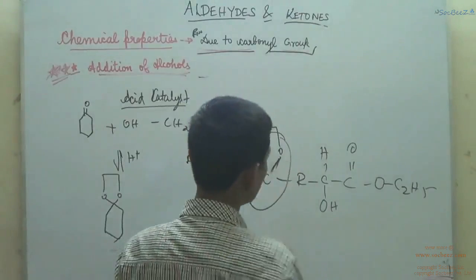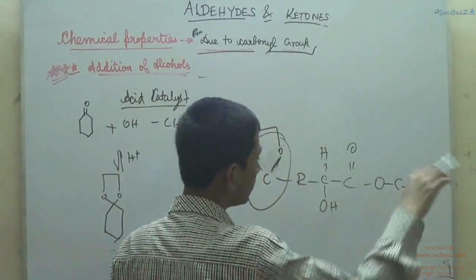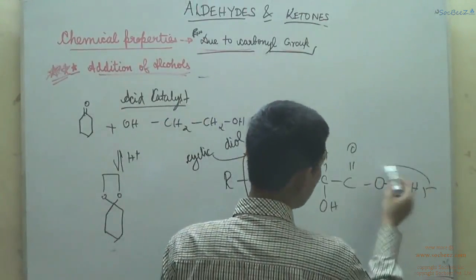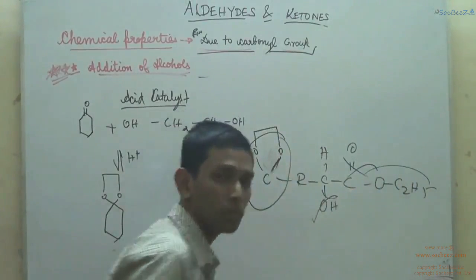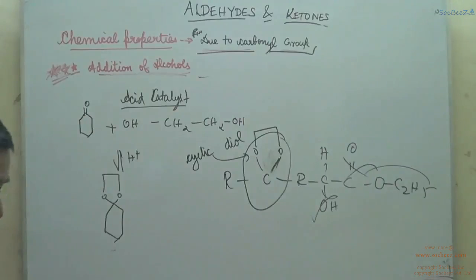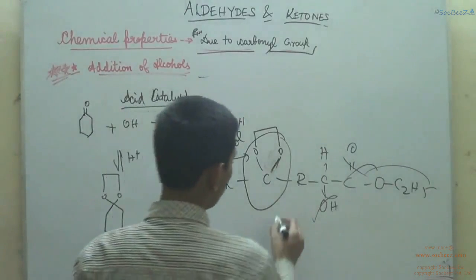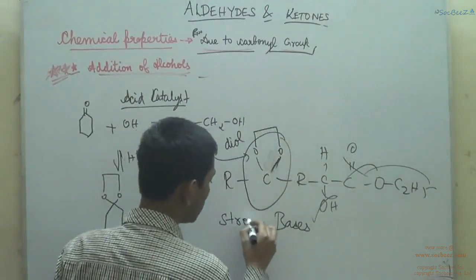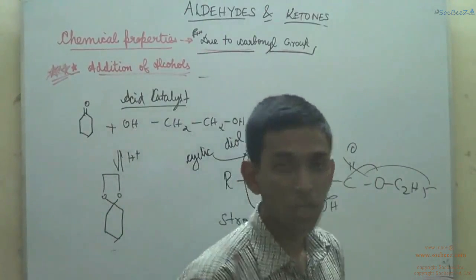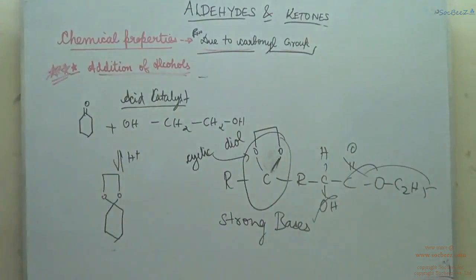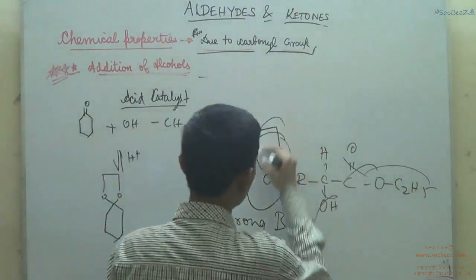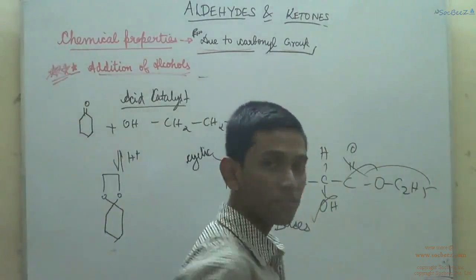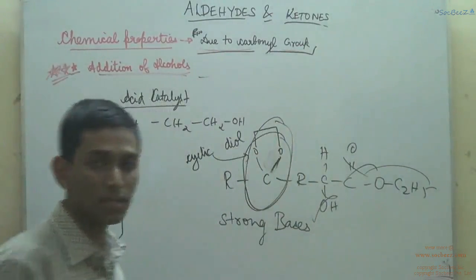So this particular group is protected, and now whatever reaction you do in any medium, these groups will be affected while this group is particularly protected. And so if the reaction is taking place in the presence of strong bases, that is in strong basic medium, or you have a very strong nucleophile which is going to react, then this acts as a protective group. However, if it's an acidic medium, you know the reaction is always reversible, so you can get back the aldehyde and ketone.